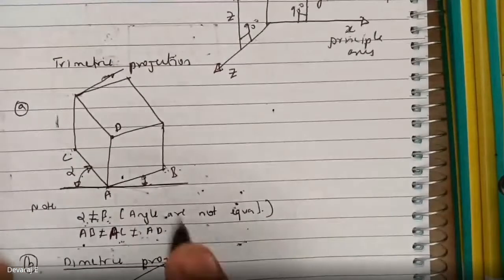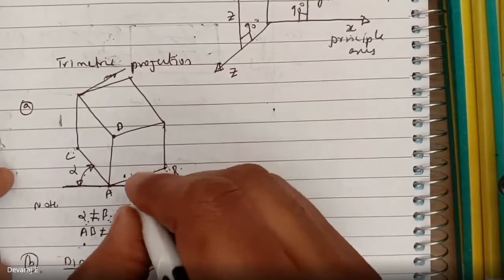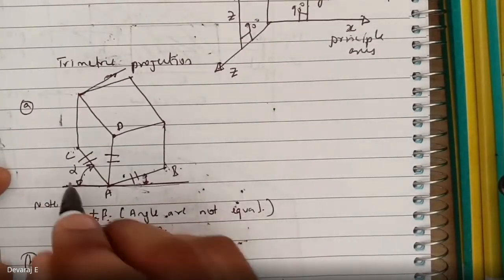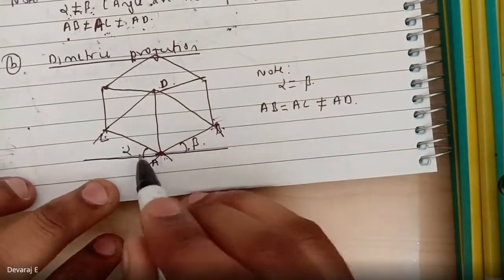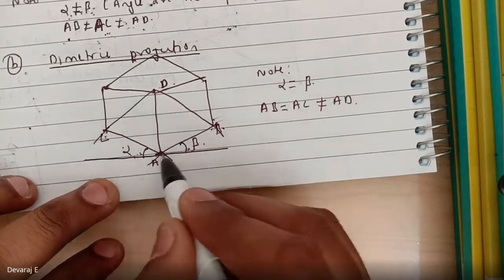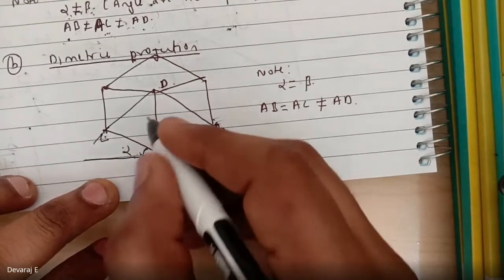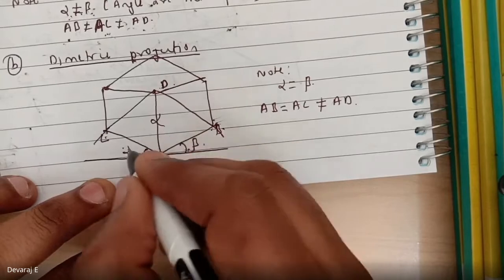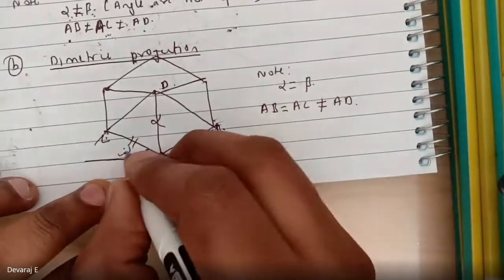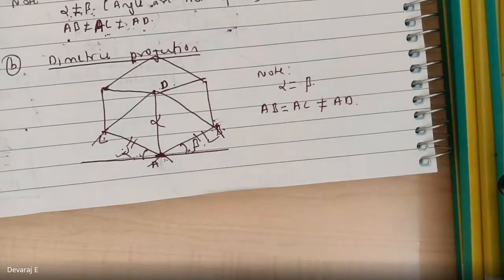In the trimetric, all the distances as well as the angles vary. When you come to dimetric, the angles will be the same, the distance between AB and AC will be the same, but AB and AD will not be the same. So everyone is clear? It is called dimetric projection.